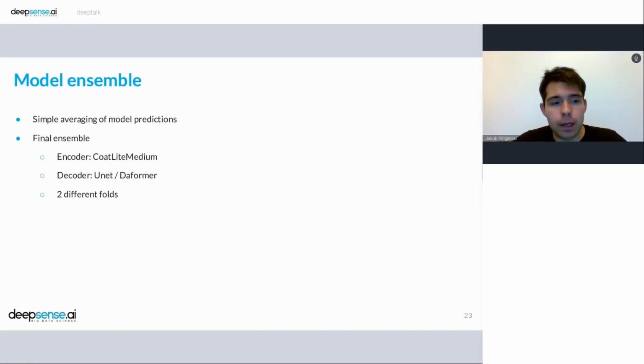And I've used models trained on different folds. So I have created 5 folds, but I've only used models trained on 2 different folds because it turned out that creating a bigger ensemble with models from all 5 folds decreased the performance, and I suspect that it was because some folds were better than others, mostly because in some training folds there were those bad annotations from lung.